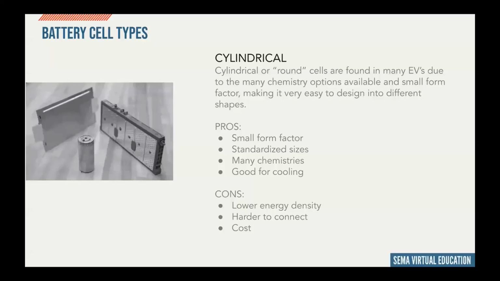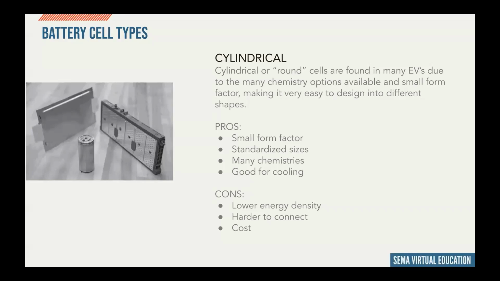The cons are, because they are round, they don't package as tightly. So you can see packs that have a little bit lower energy density than sometimes prismatic or pouch cells, which is also very chemistry dependent. The way that you connect cells within a pack for cylindrical typically requires some type of equipment and is much more geared towards automation or high volume manufacturing, as opposed to low volume customized battery packs.